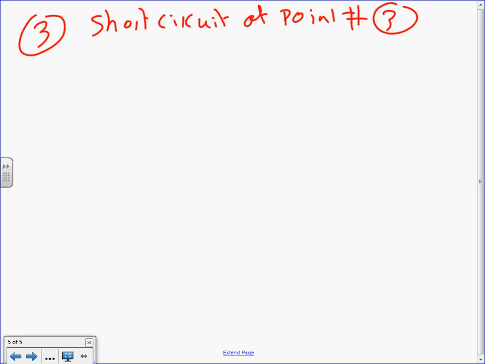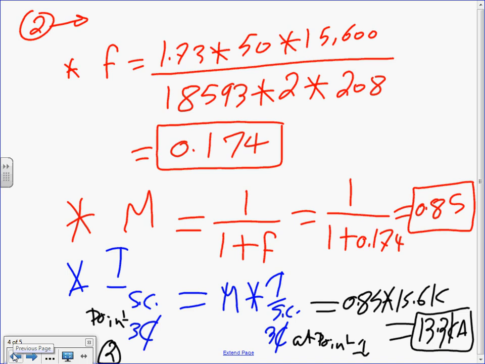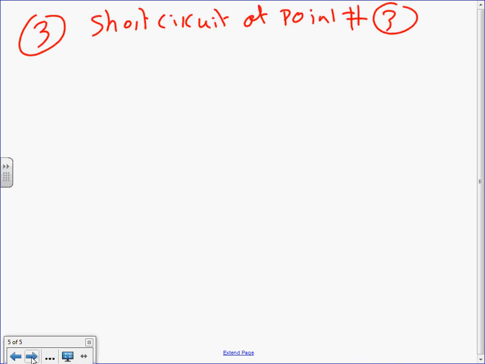Anybody can guess what we're going to start with now? The f factor. We're going to start with the f factor. You guys see, we're going to repeat these steps. Remember these steps here? So I'm going to have the f factor first.